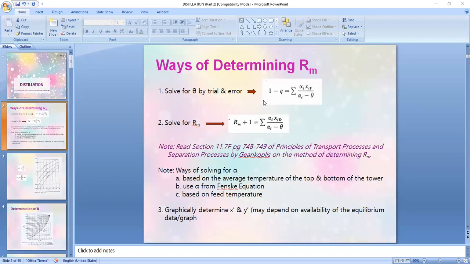Now, the first formula, this is available in Geankoplis, has the variables q, the alpha, the x, and the very important theta.